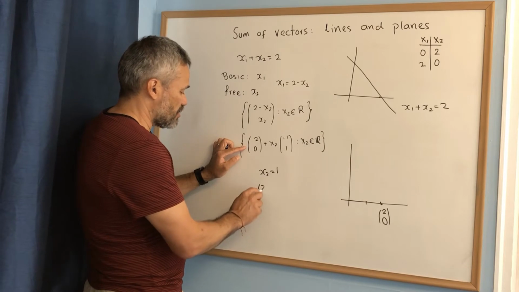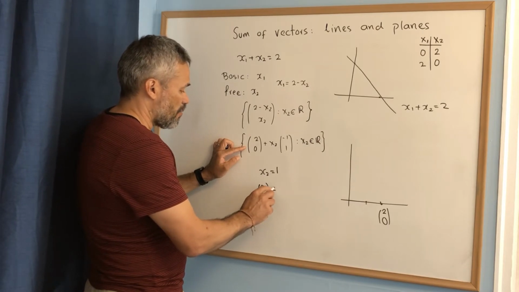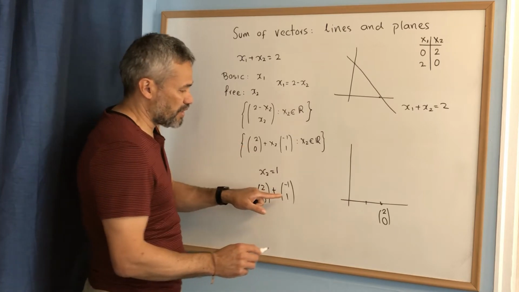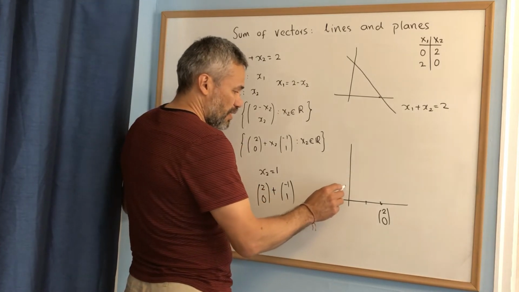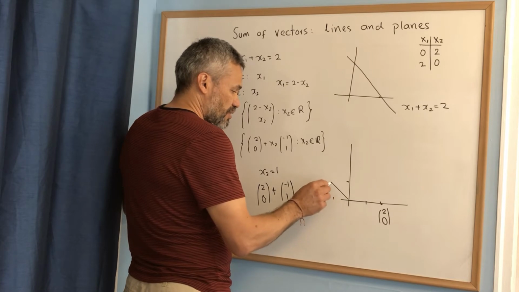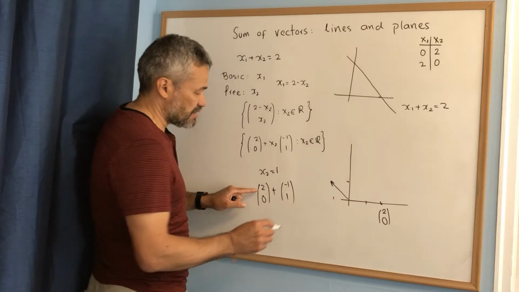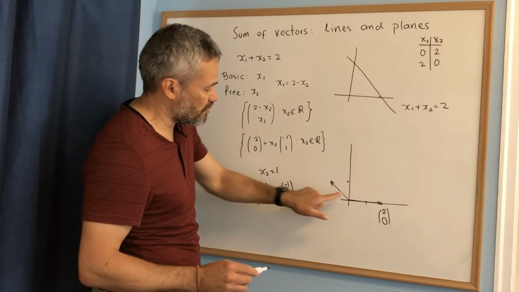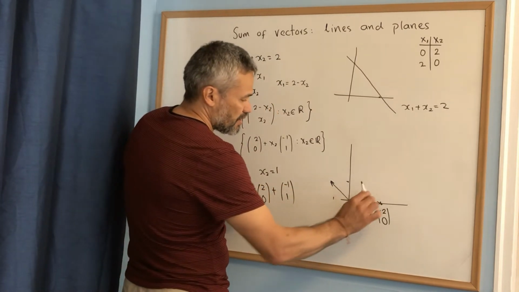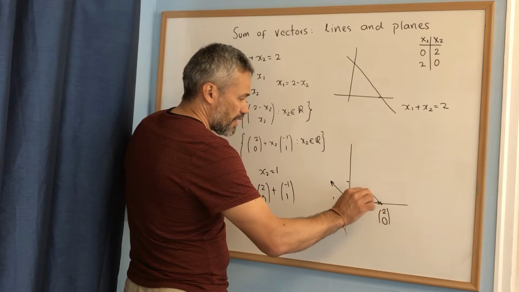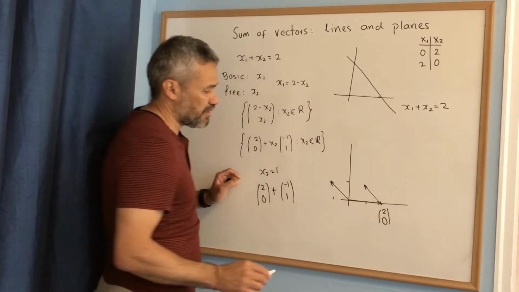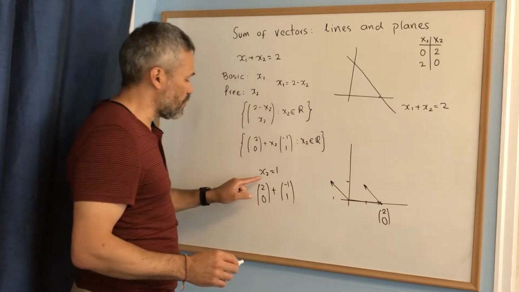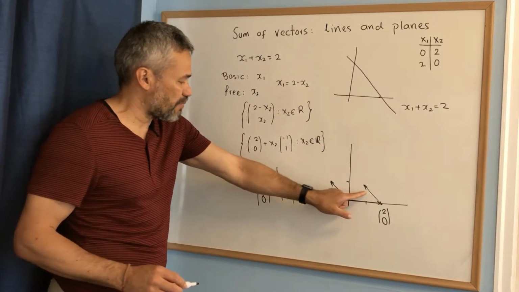We are at the point 2, 0 plus negative 1, 1. This is the vector negative 1, 1, and this is the vector 2, 0. When you add this vector with this vector, you have to move it, and then you will end up in the point 1, 1. This is what happens when x2 is equal to 1.